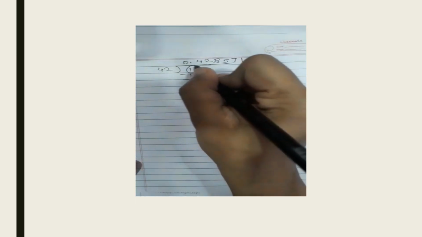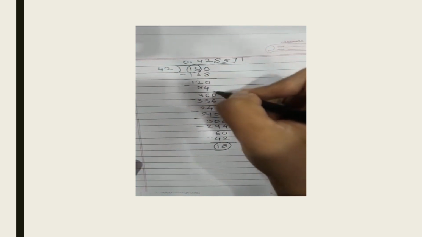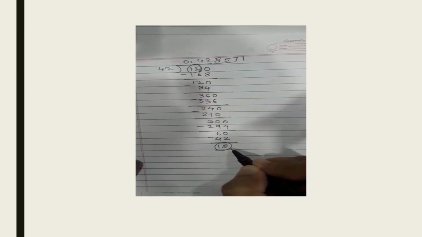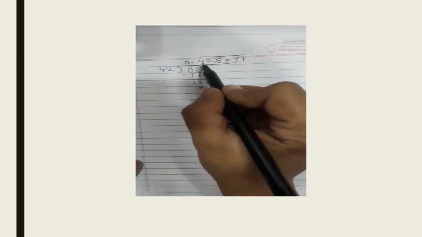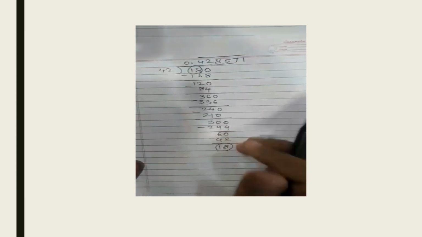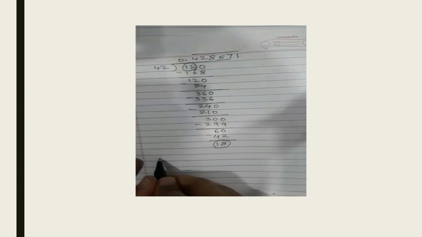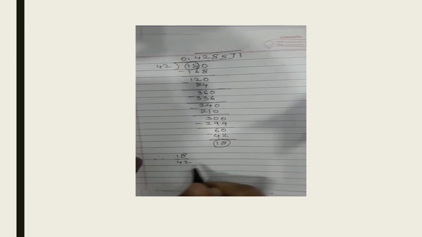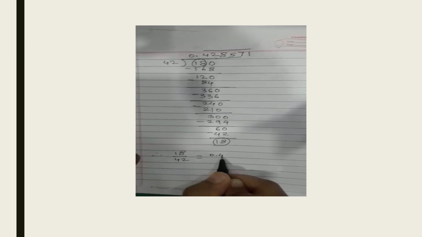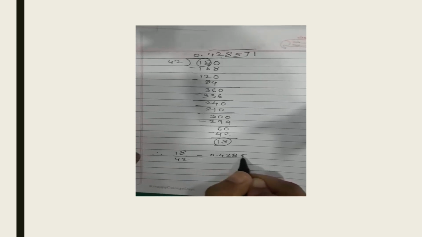Here is also 18. So this whole process will repeat from this place, and therefore we get the answer as 0.428571 recurring. This is the second decimal representation. 18 upon 42 is equal to 0.428571 recurring.